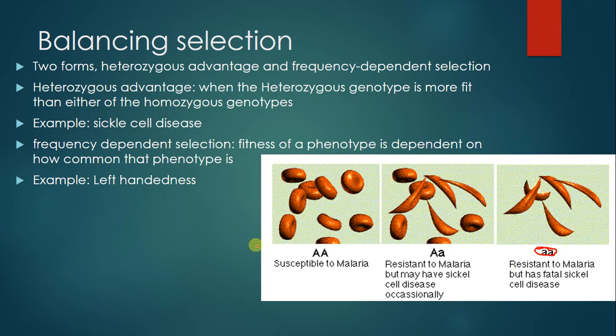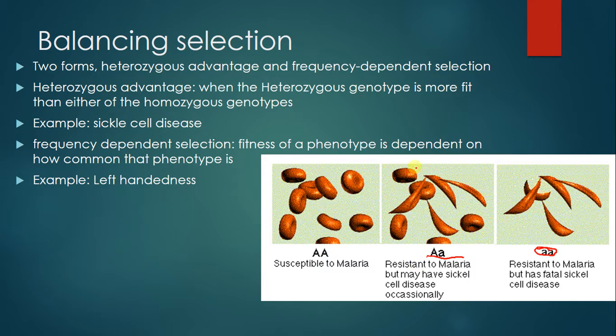Those without the recessive allele are susceptible to malaria, but don't have the adverse effects and can't die of sickle cell disease. However, the heterozygous phenotype is resistant to malaria, much like the homozygous recessive sickle cell disease patient, but they may not have the sickle cell crisis, or it might not be as bad.